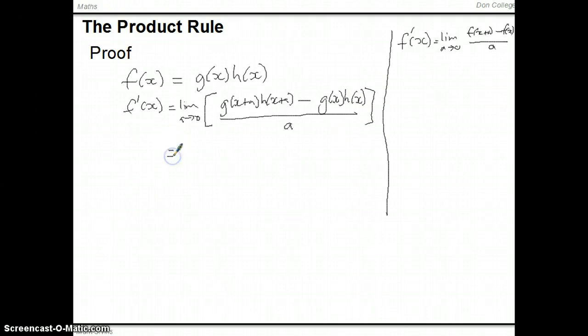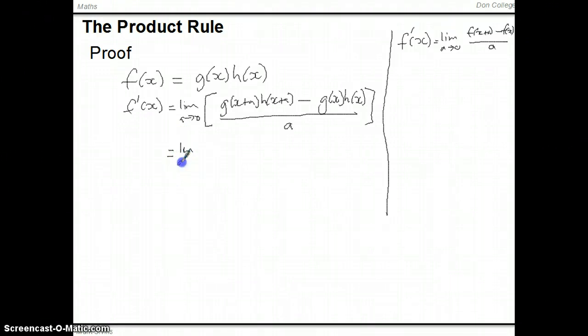Now, what we can do next is a little bit of mathematical sleight of hand. I'm going to add something and then subtract that same thing so that it doesn't actually change the value of this expression at all, but it does enable me to group the terms in an interesting way.